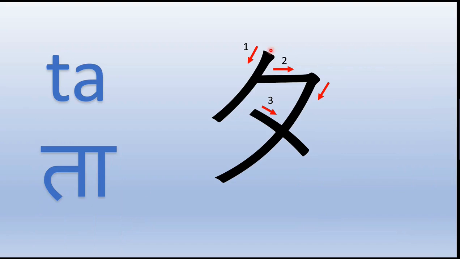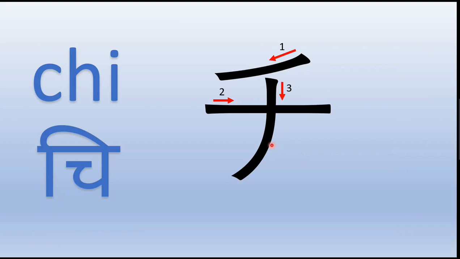Ta, the first stroke is like this. The second stroke will be like this, horizontal and then this slanted angular, and then the third stroke like this. Chi is written as this. The first stroke will be from right to left.